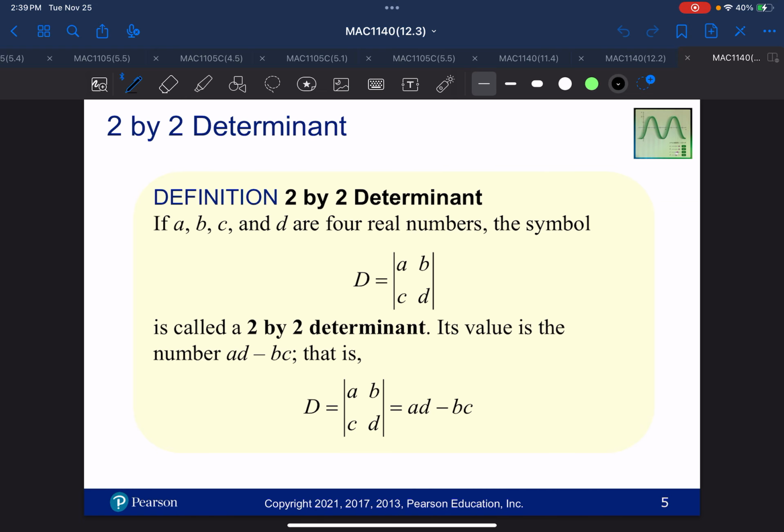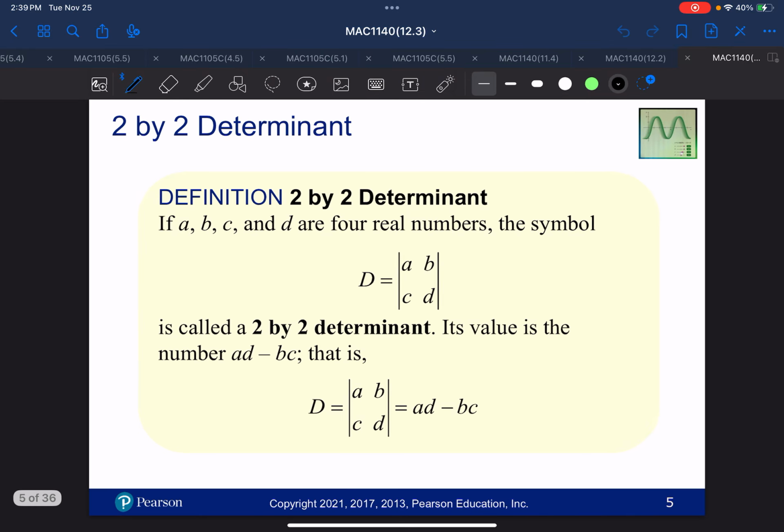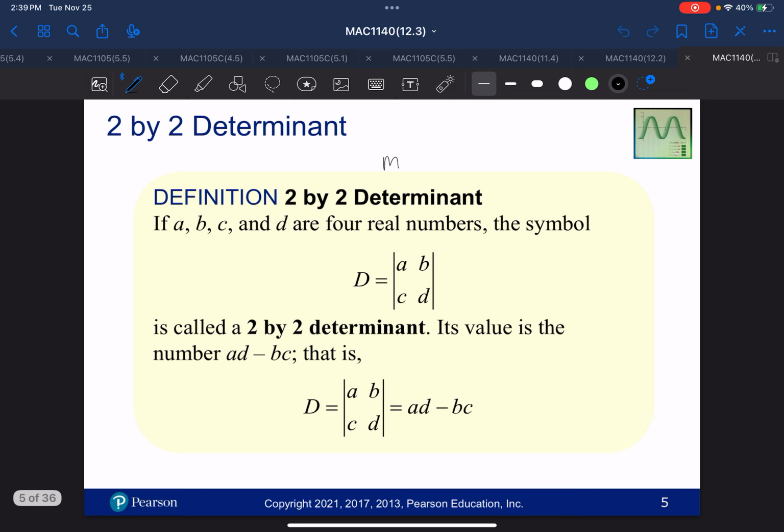And so if I have a 2x2 matrix, and this matrix looks like this, then the determinant of that matrix is denoted like this, either with a capital D, which is equal to the determinant of this matrix, this is the symbol. So this symbol literally just means the determinant. We haven't actually taken the determinant.